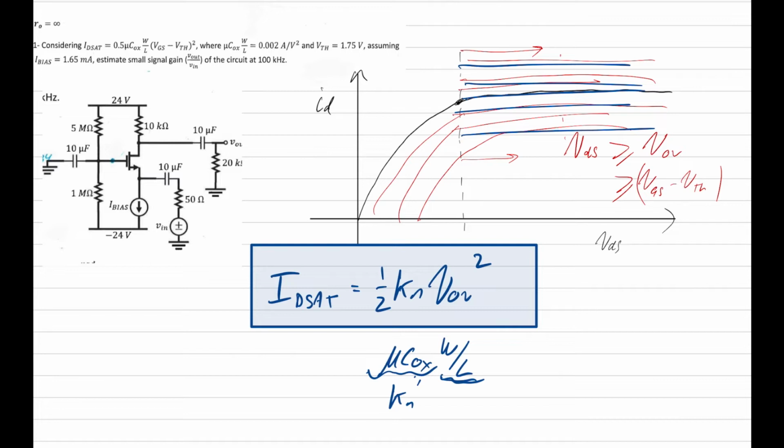So sometimes you might need to work out what Kn actually is based on these things.